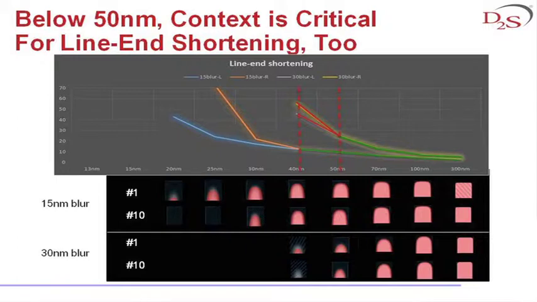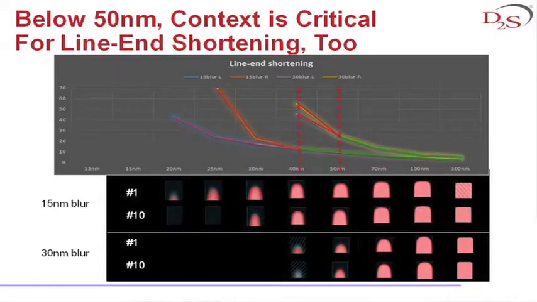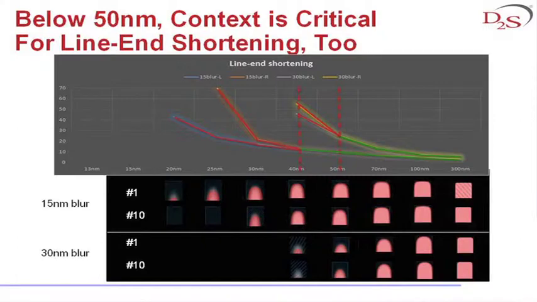But if you care about 2 nanometer precision, it actually really starts at the 50 nanometer point. But below 40 nanometer, the divergence is very, very quick. And you can see that in the simulation of the nominal contour plots that are demonstrated in red underneath. Line number 1 is the leftmost line, and line number 10 is the rightmost line.